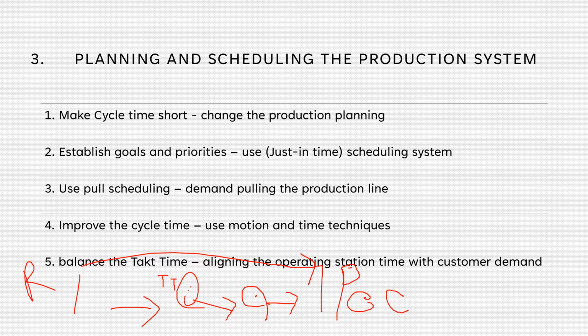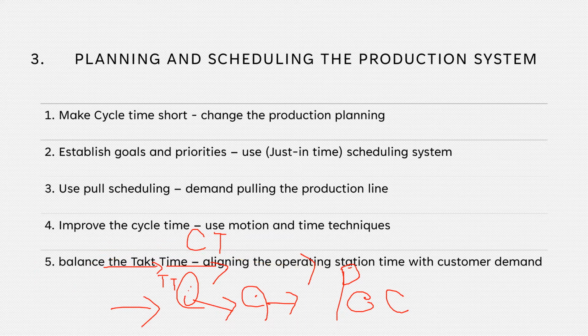You also have a medium cycle time governing different workstations, depending on the complexity of your production system. We have different TTs and CTs.